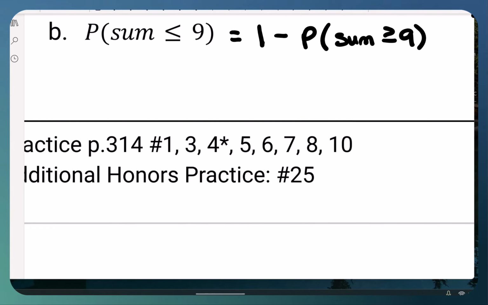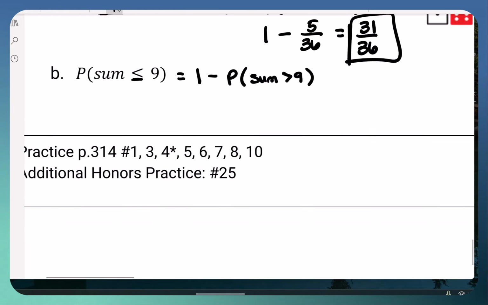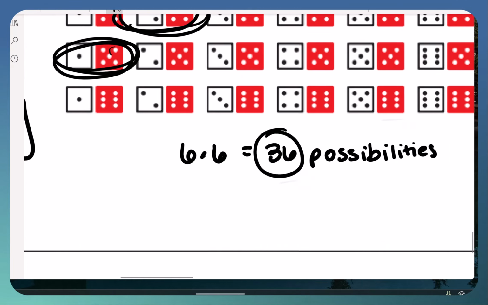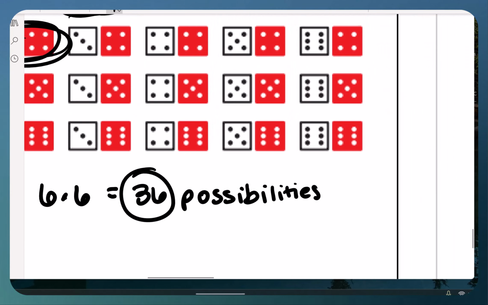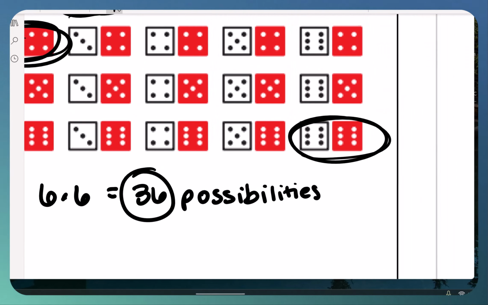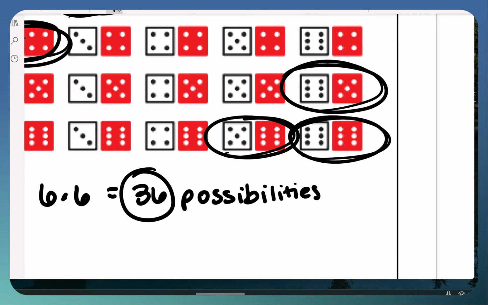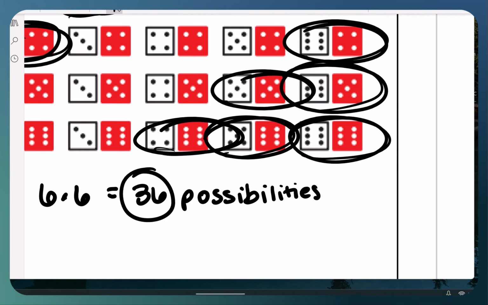Yes. Okay, see, equal to is already included, so the complement can't include anything here. So you have to make everything greater than 9. So it has to be everything else. So really quickly, let's find the ones that have a sum greater than 9. So 1, 2, 3, 4, 5, 6.